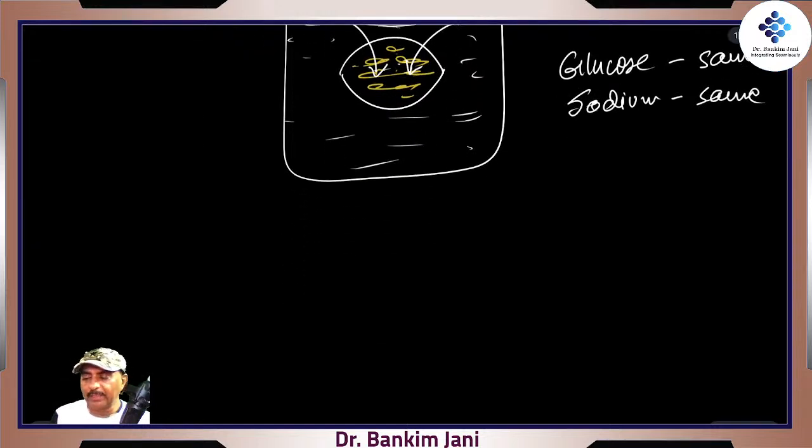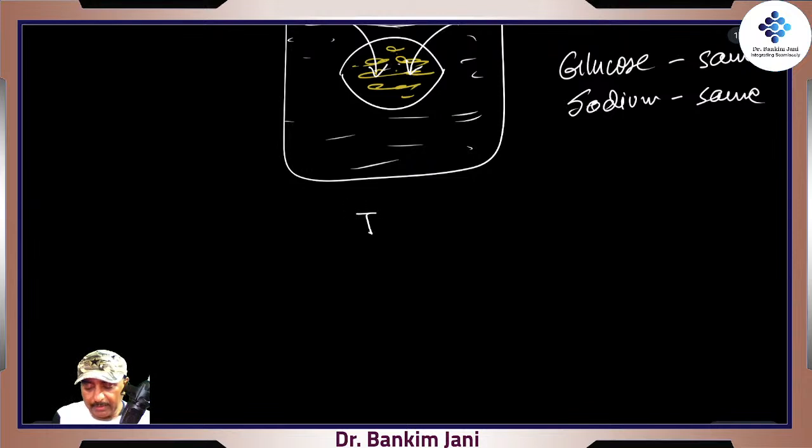So for water, everyone is same. Whether you are sodium or potassium, for me you are same. I consider you as one ion. Whether you are sodium or chloride, for me you both are same.